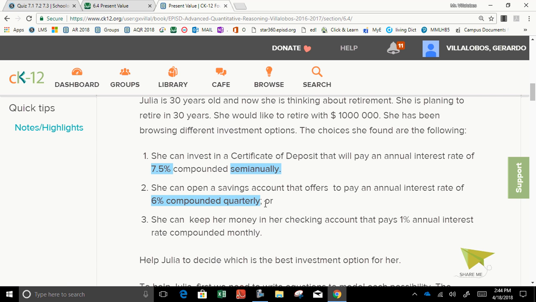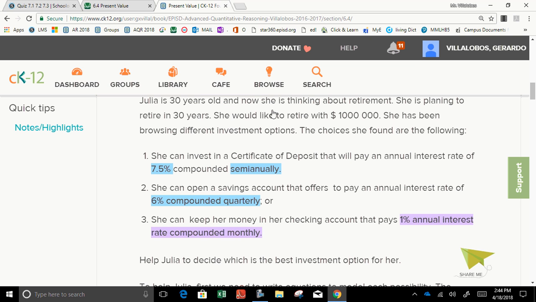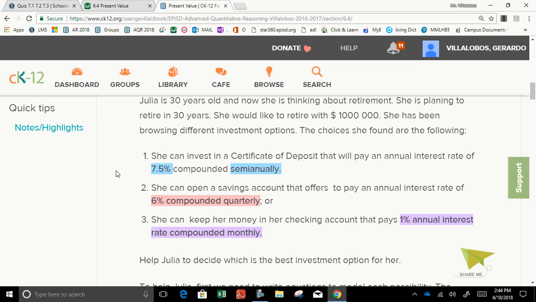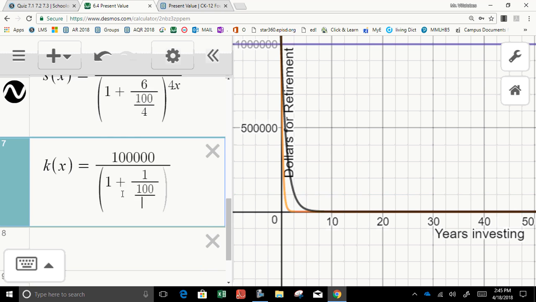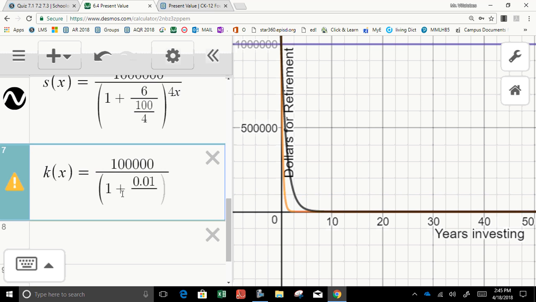And what did it say here? 1% annually, monthly, right? See the purple? And this one should be another color, just for fun. Okay, blue, pink, and purple. The purple is 1% monthly. So this is 1 plus 1%, or you can write 1 penny 12 ways.